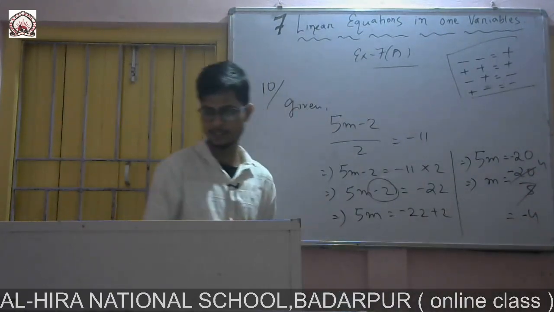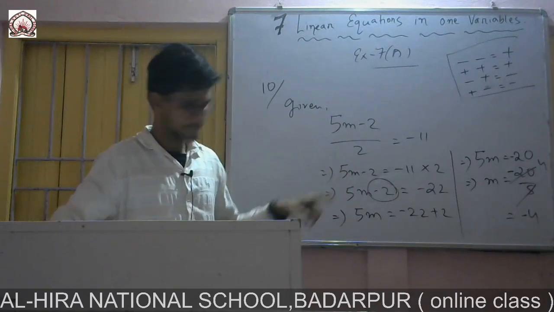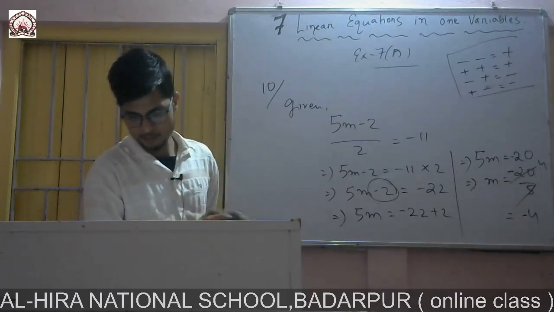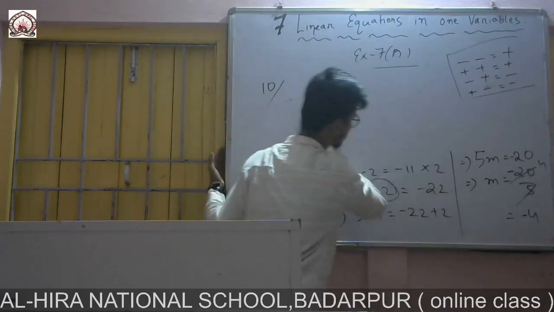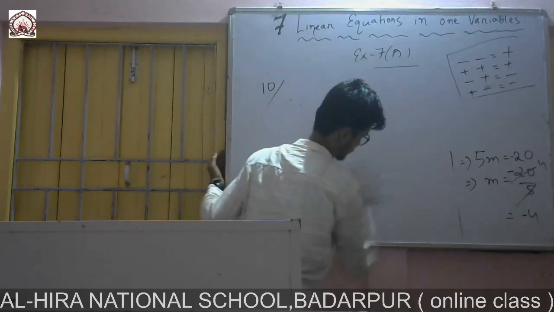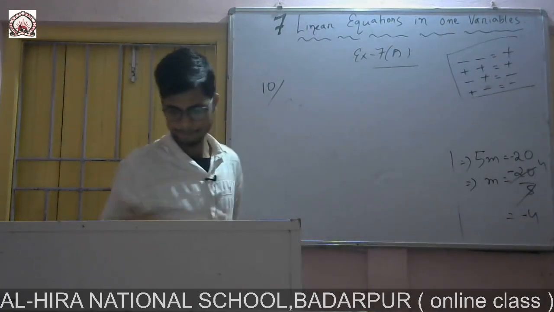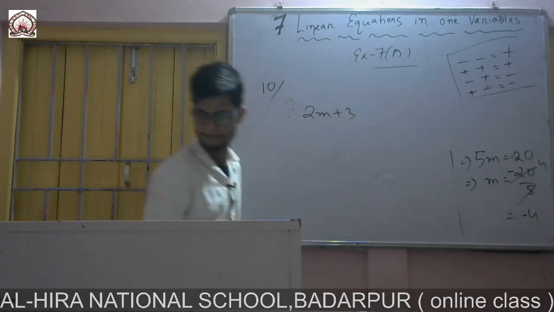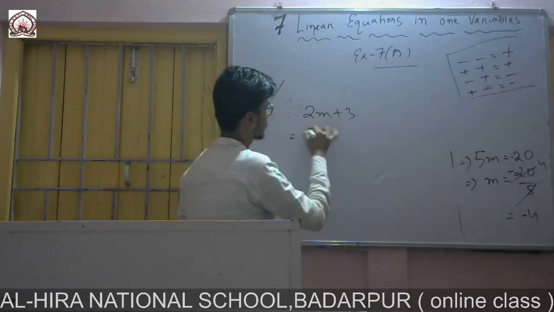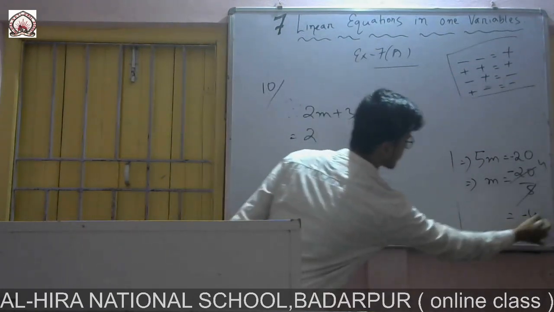So now I will put the value of m in equation twice m plus 3 to find its value. So you write, therefore, twice m plus 3. So I have to find this value. So value of m we know it is minus 4.